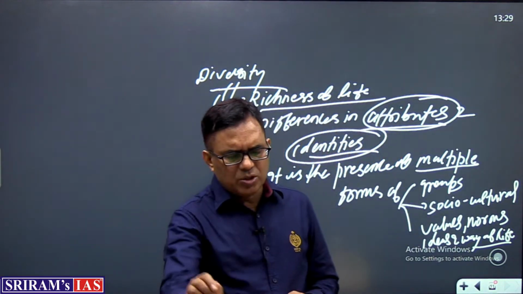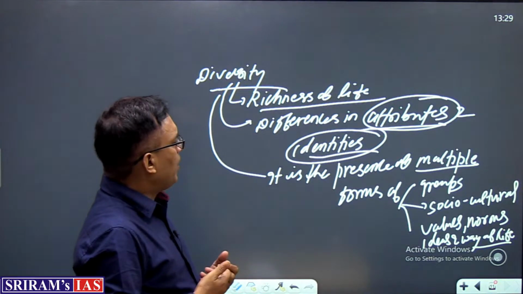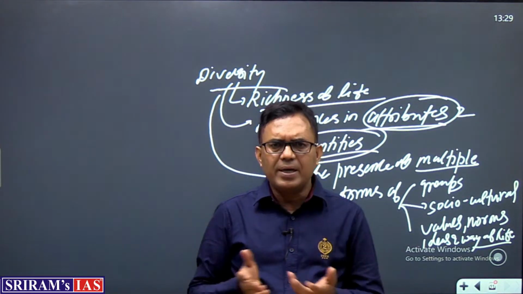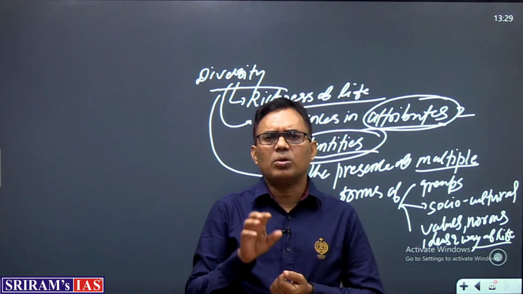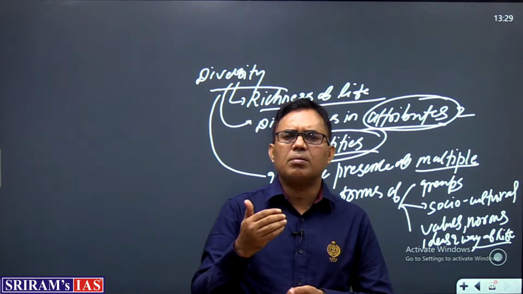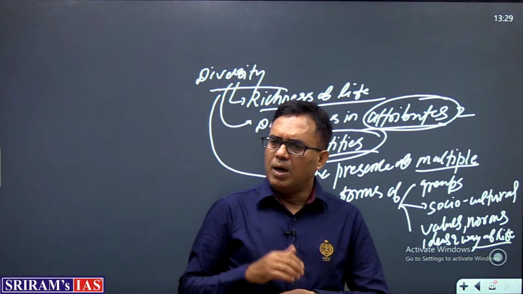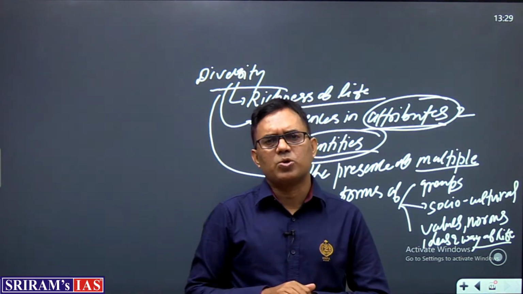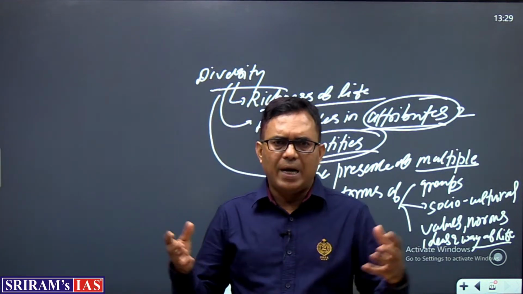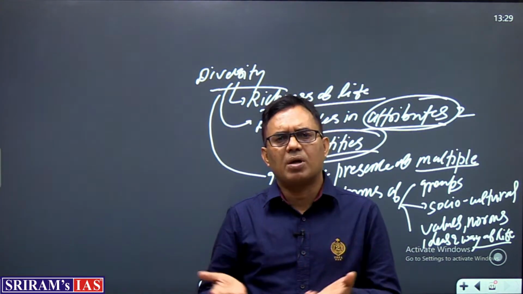Sometimes diversity also may create disparity. Diversity may be considered in both a positive and a negative way, because some geographical areas are very rich in resources and some areas less rich in resources, and there is no interconnection between the two regions in terms of sharing or redistribution of resources.